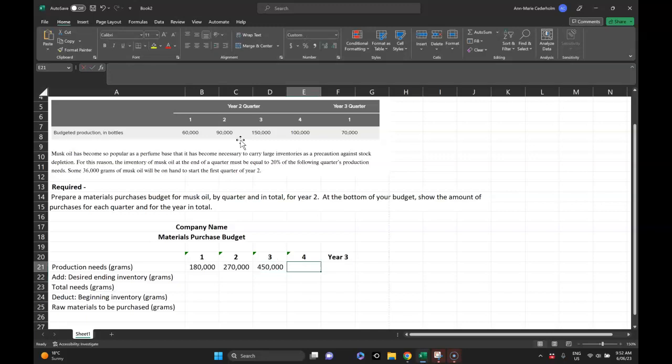And then in quarter 4, it's going to be 100,000 times 3. I dropped a 0 on that by accident. And I'm going to put in the production for quarter 1 because I'm going to need that when I'm calculating my inventory. So just times that by 3.